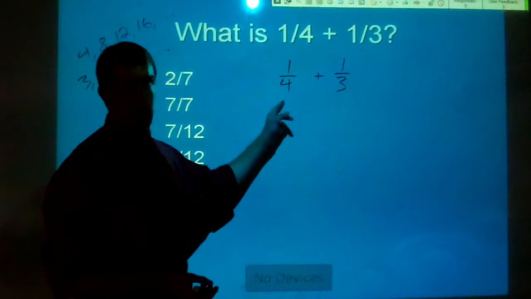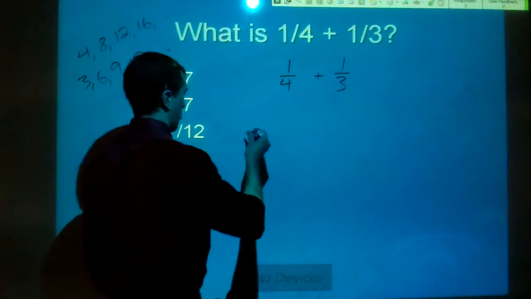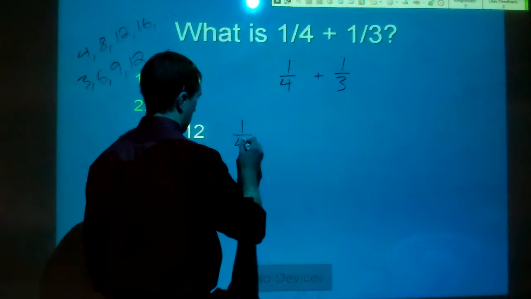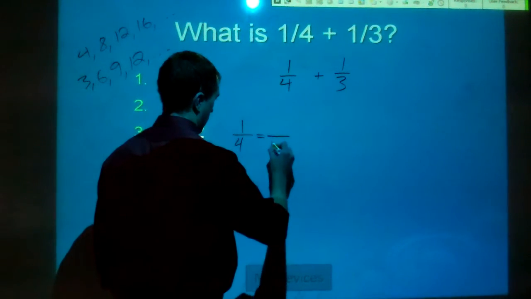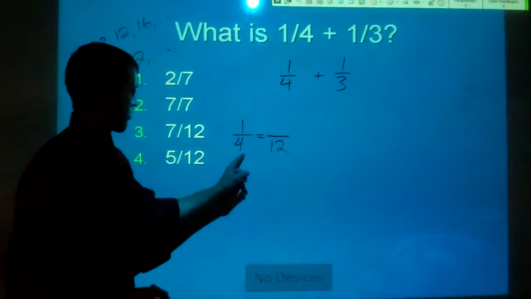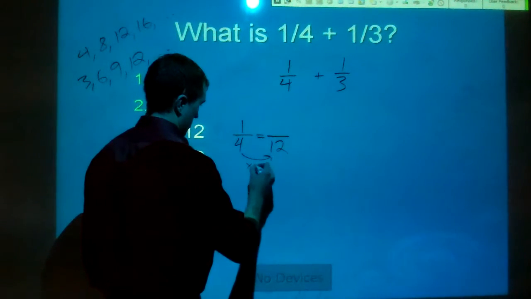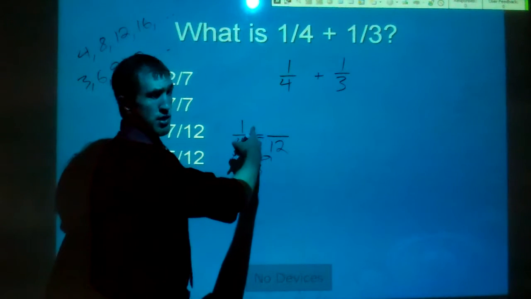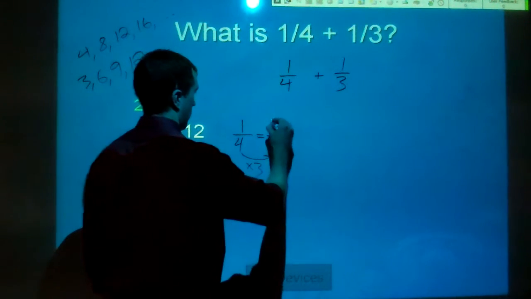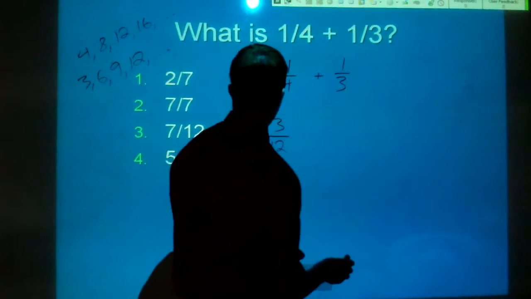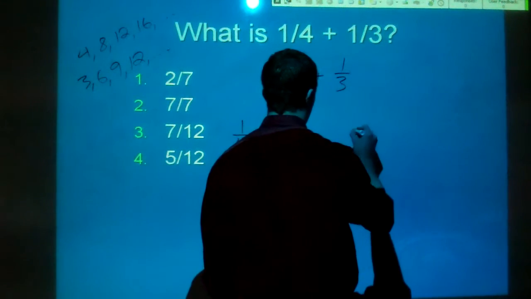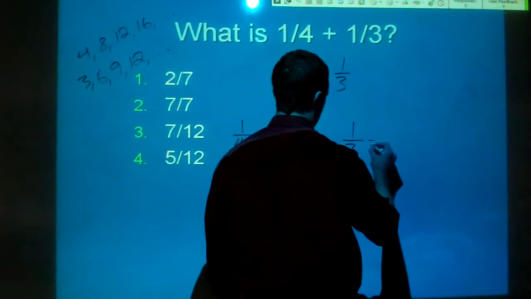In order to do that to 1/4, we want to get that to 12. 4 times what will get us to 12? Well, that's times 3. So we're going to multiply by 3 on top as well. 1 times 3, you get 3. Alright? 1/3. We want to make that 12.